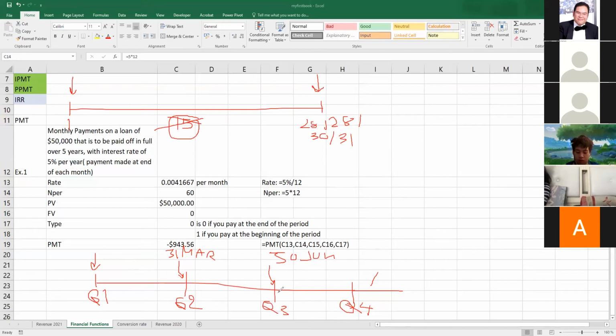These are the days that we normally pay the debts or pay for investment.